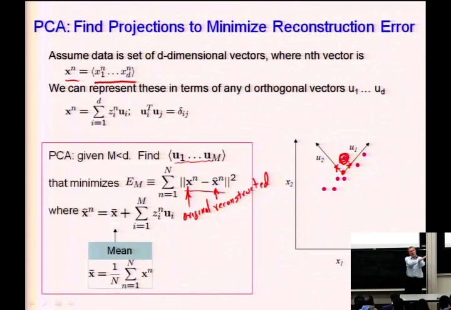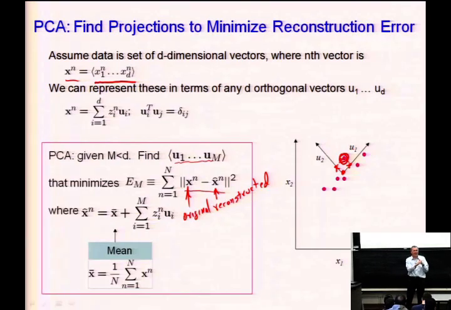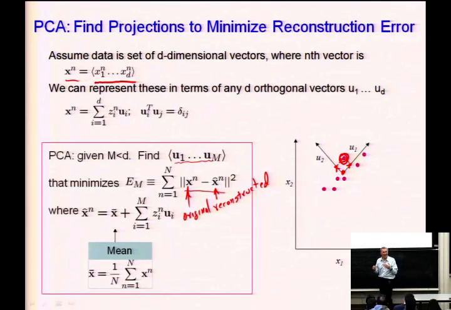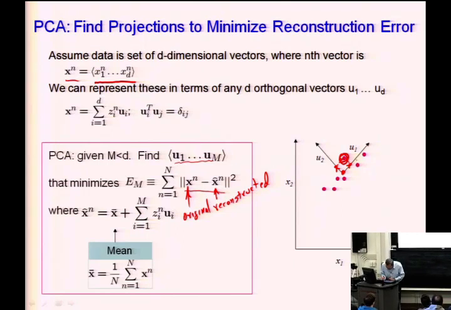And then u2, the next one it learns, has the property that given that you've already learned u1, and that doesn't perfectly allow you to reconstruct all the points. For example, suppose we learn u1, then all these points are going to be mapped. This point will be mapped here. This point will be mapped here. It'll have a negative coefficient on u1. This one will be mapped here. This one will be mapped here. But there will still be these errors, those lines.